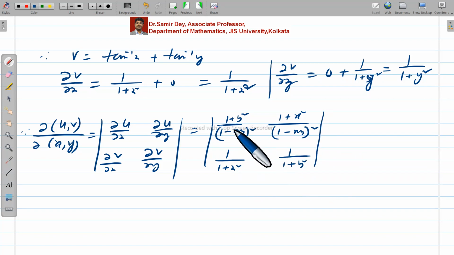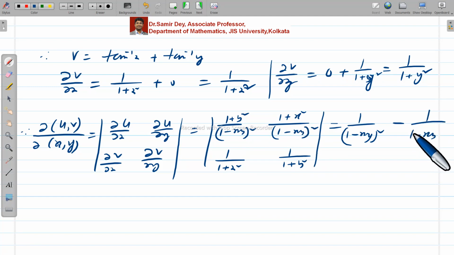So if you cross multiply, this cancels, 1 by 1 minus xy whole square minus this into this, these cancel. So it is coming 1 by 1 minus xy whole square minus 1 by 1 minus xy whole square, so this minus this is 0.